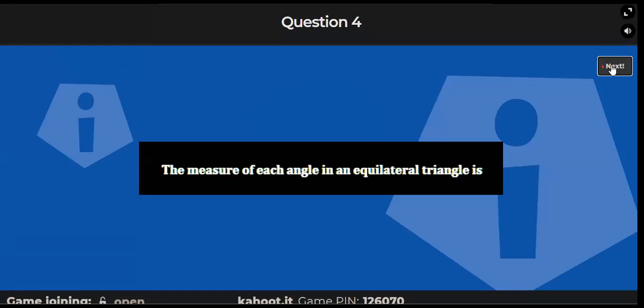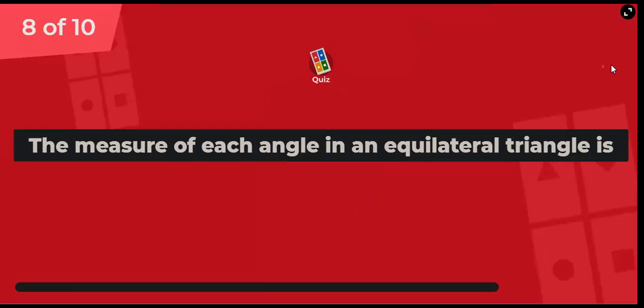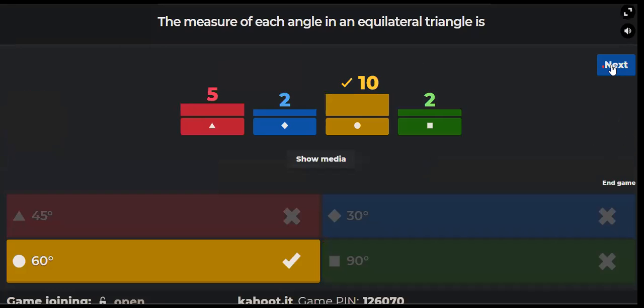Now think about this. The measure of each angle in an equilateral triangle. All the sides are equal, so all the angles should be, tell me, think about this. It should be 60, okay.